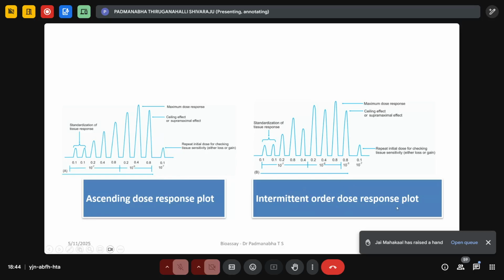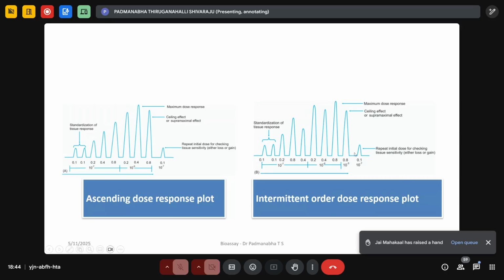And this is the intermittent order dose response plot, where initially you need to standardize the tissue response, then go with the higher concentration, and intermittently you need to check with respect to the higher and the lower doses. So you can see 0.4, then you go with the lower dose of the higher concentration, 0.2, 0.4, 0.8, and check for the maximal dose response and what the ceiling height or the supramaximal response is with respect to the dose.